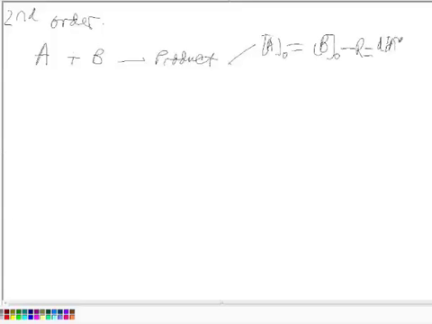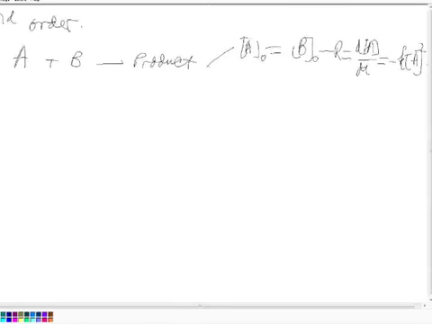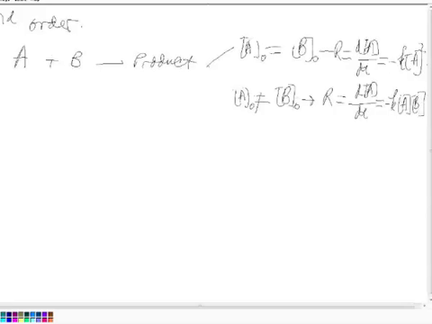dA per dt equal to minus K A squared. But when the initial concentration of A is not the same as the initial concentration of B, then the reaction rate is given by dA per dt equal to minus K times A times the concentration of B, like this.